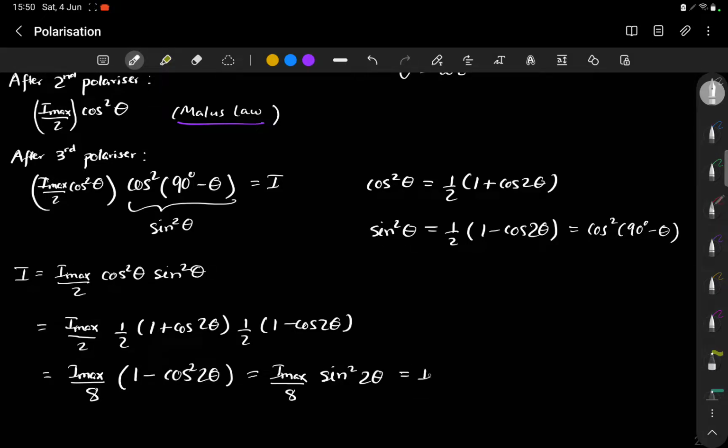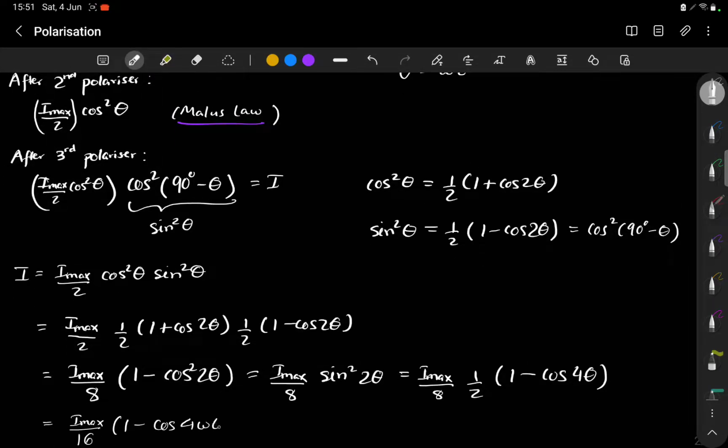So we will write it as follows. And theta is nothing but omega t.